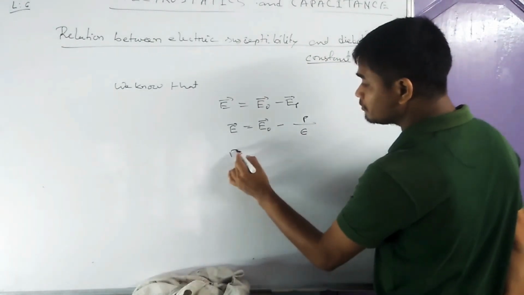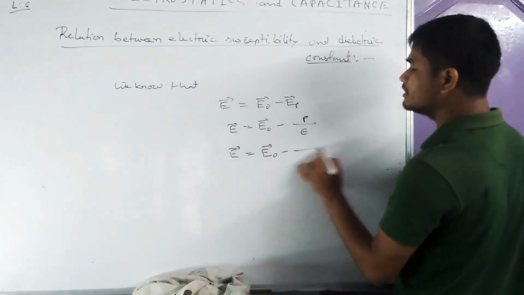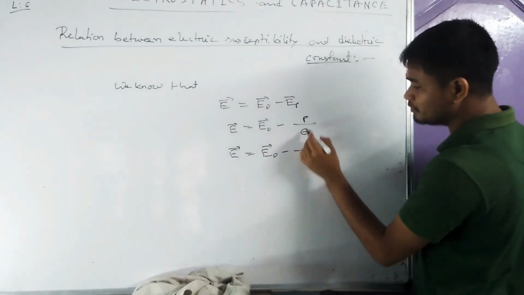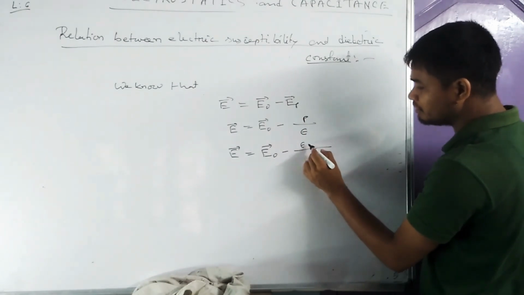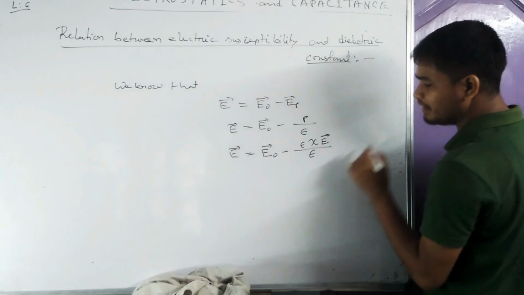Clear? Now what is polarization? Already we know that polarization is epsilon chi E divided by epsilon.